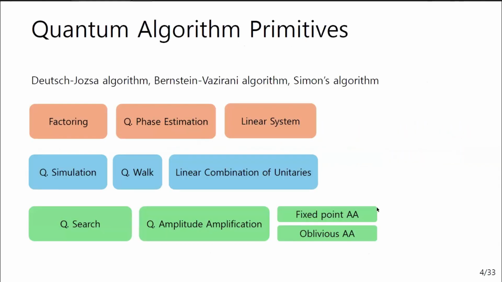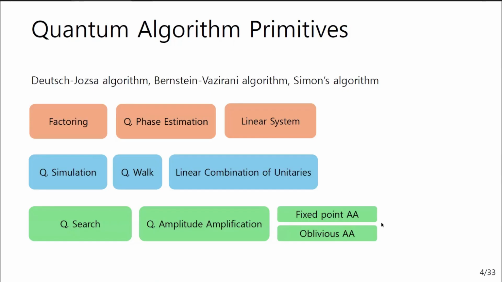There are a lot of quantum algorithms that have been developed by researchers over the last 30 to 40 years. In the early days, algorithms like the Deutsch-Jozsa algorithm and the Bernstein-Vazirani algorithm were developed. Then there are the colored quantum algorithms. The red ones are related to eigenvalue estimation.